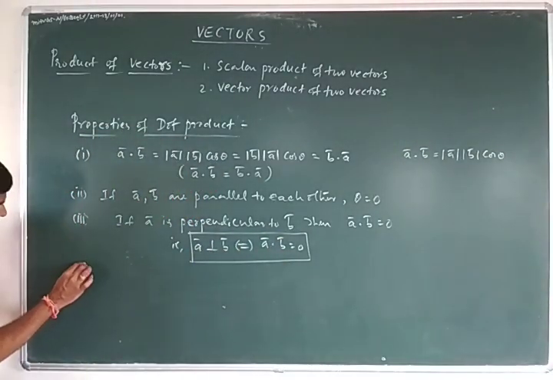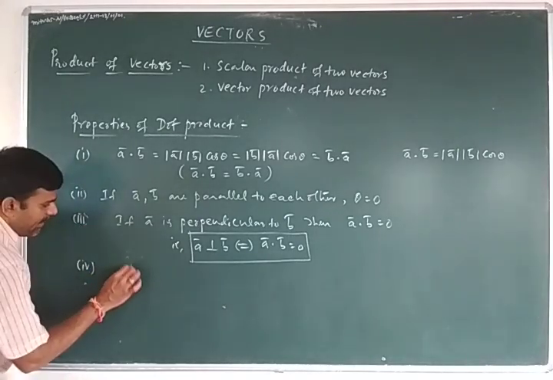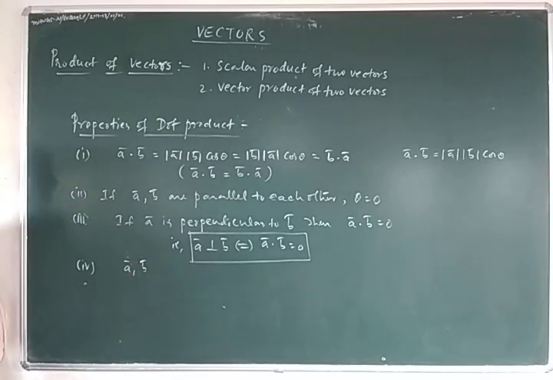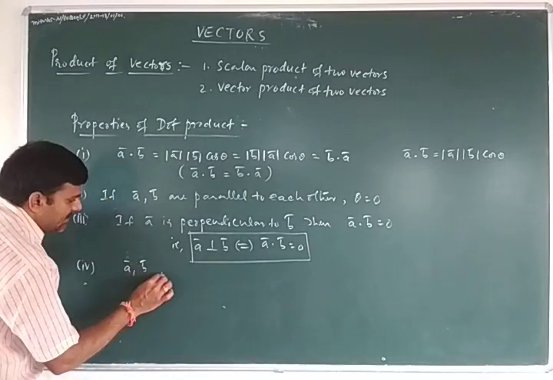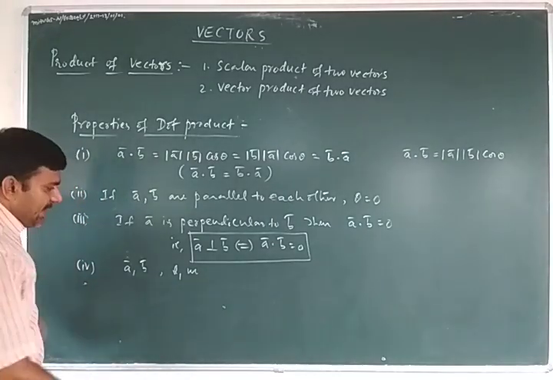Next, one more. Suppose A bar and B bar are two vectors and L and M are two scalars.